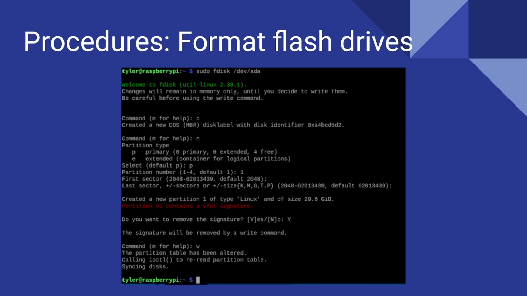I started by using fdisk to format each of my flash drives. I am using two 32 gigabyte flash drives and a Raspberry Pi 4B.